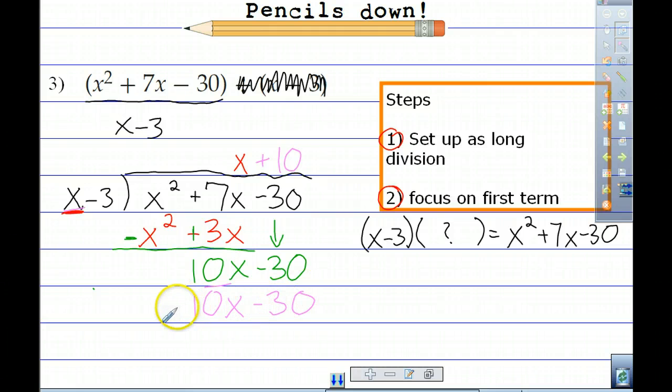Change both signs. Negative, positive, add them up. What do you have? 0 and 0. So what do we find out? X minus 3 times x plus 10 is what equals x squared plus 7x minus 30. That's what we found out.